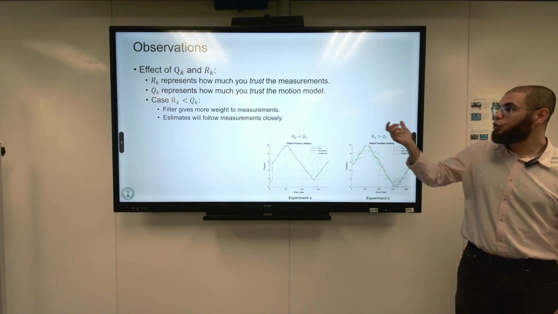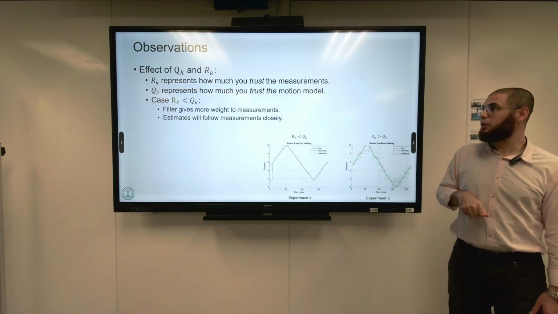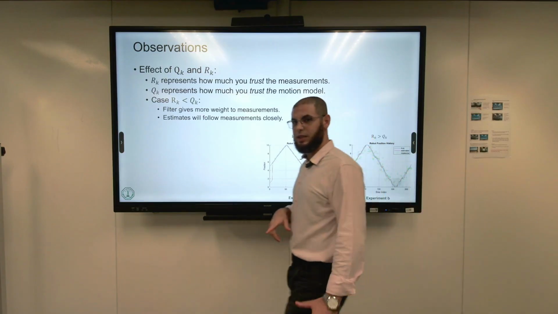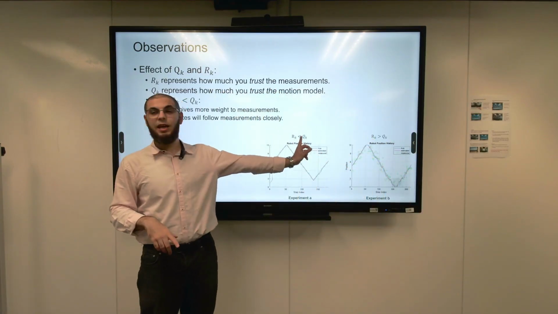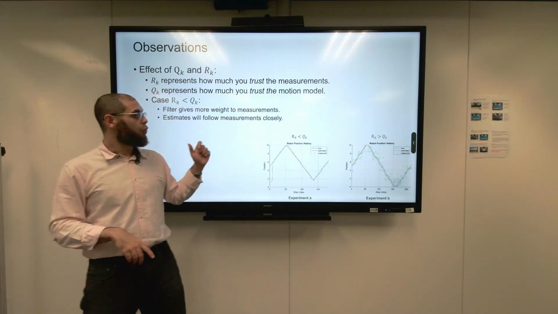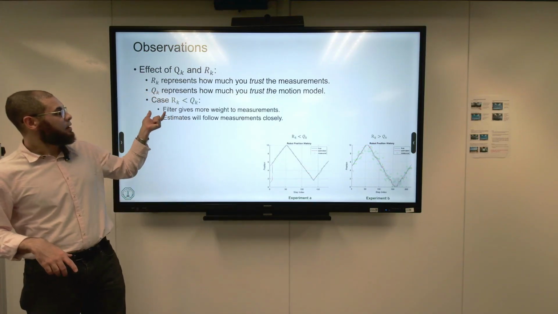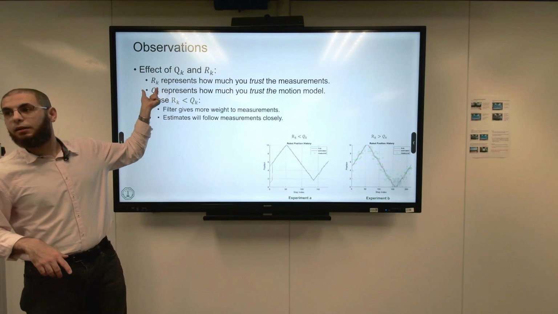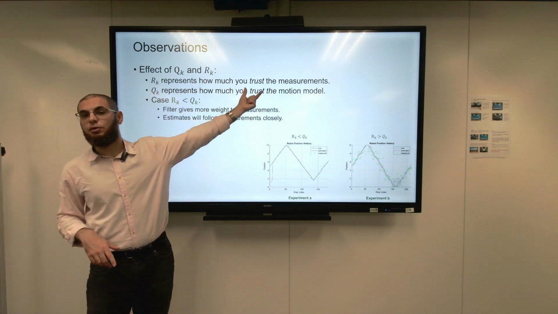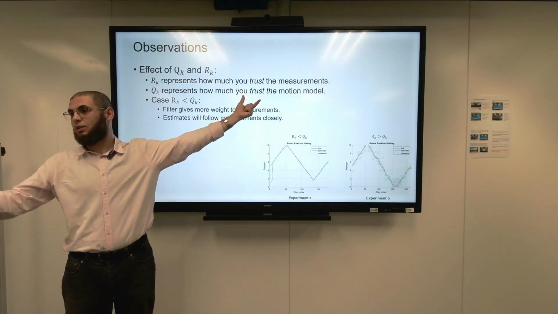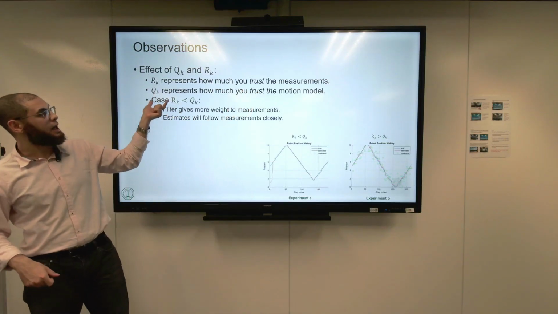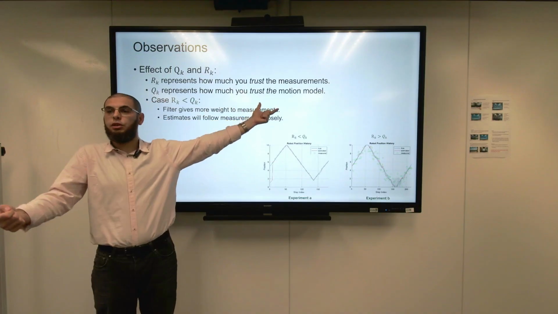And how do you choose the RK and the QK? You see here, in the first experiment you're supposed to do, the RK was less than the QK. RK is how much you trust the measurement, how much you trust that the Z is correct. And the QK is how much you trust that the motion model is correct.